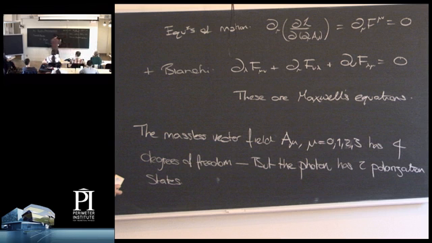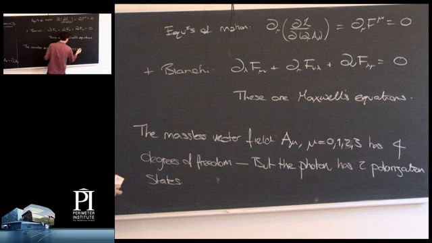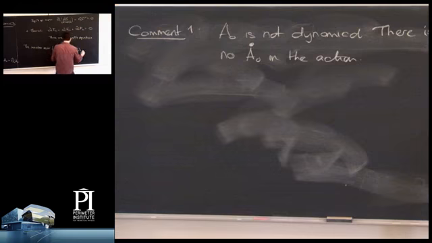So the massless vector field A mu, where mu goes over 0, 1, 2, and 3, has 4 degrees of freedom.